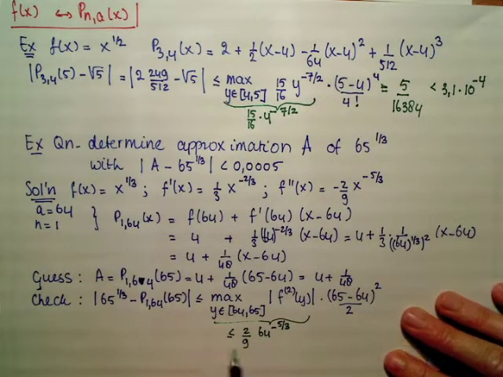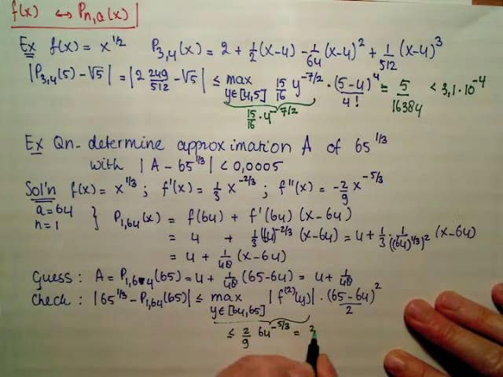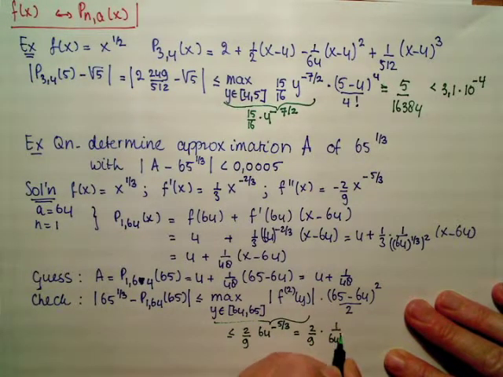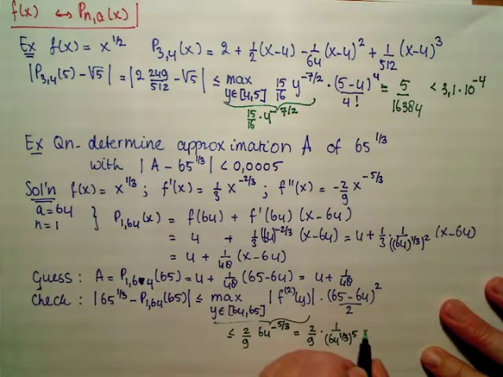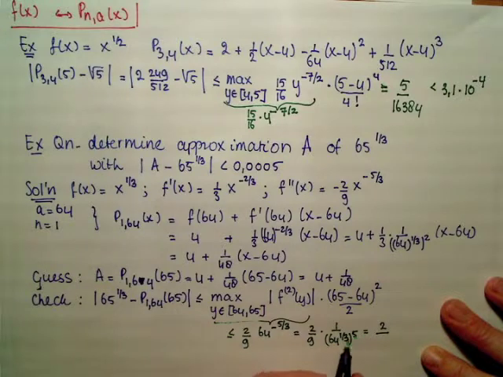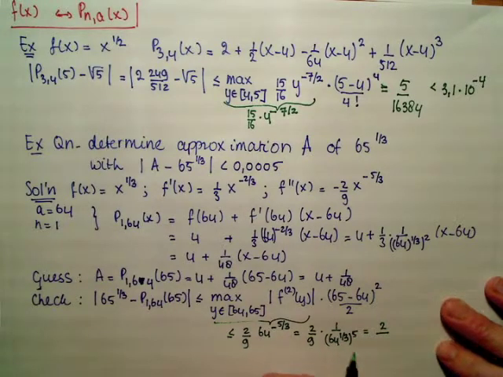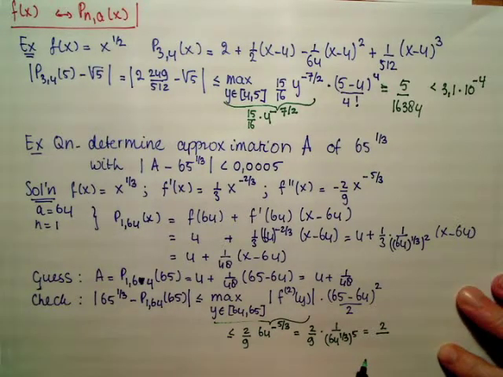And if we calculate that, we get 1 over 64 to the power 1/3 and then to the power 5. What do we get? 4 to the power 5 is 2 to the power 10, and it's always easy to remember that 2 to the power 10 is 1024, and so 9 times that is 9216.